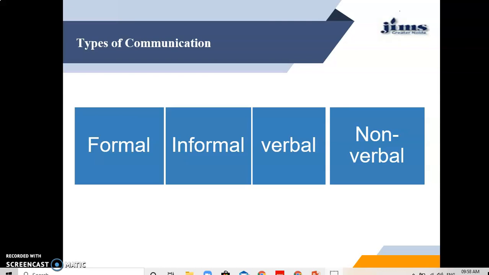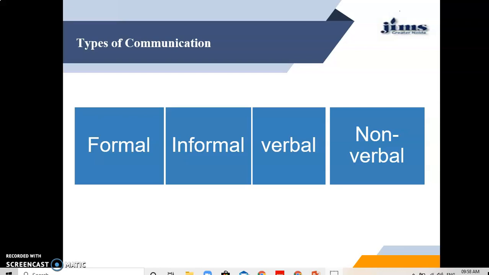Informal communication is a type of communication in which the interchange of information doesn't follow any channel. It can be done at any place. It does not have any predefined objectives, so it can be in any direction.